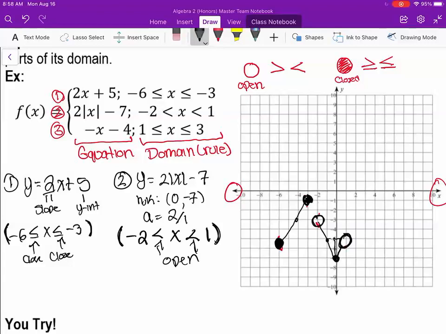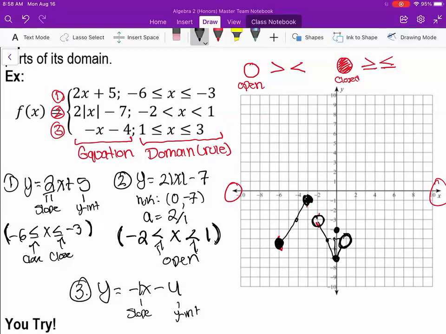And the last one is number 3, which is y equals -x minus 4. This is also a linear function, which means that this is your y-intercept and this is your slope. There's no number in front of the x, so I'm just going to put a 1. So my slope is -1. All right, so let's go ahead and graph it. My y-intercept is at -4, so I'm going to put a dot at -4.